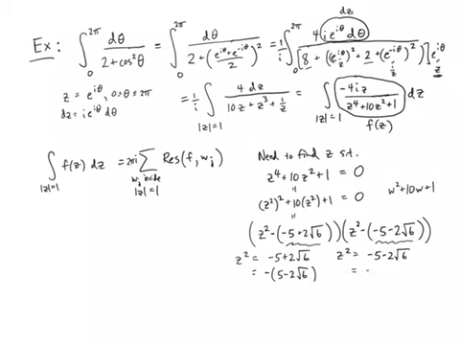And this other one is -(5 plus 2 root 6), and clearly 5 plus 2 root 6 is positive. So z is plus or minus i, that's the square root of the negative, times the square root of 5 minus 2 root 6. And z over here is plus or minus i times the square root of 5 plus 2 root 6.